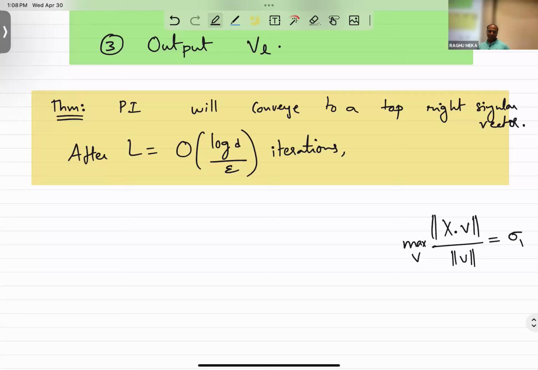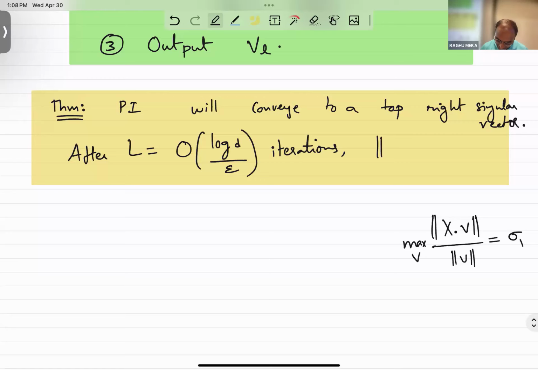Okay. So one thing we can guarantee is that if I run it for log d over epsilon iterations, I'll get a vector which gets close to this maximum value. If you think of it as an optimization function, I want a vector v which maximizes this ratio. Then I'm going to find a vector which maximizes this up to some small factor. Okay.